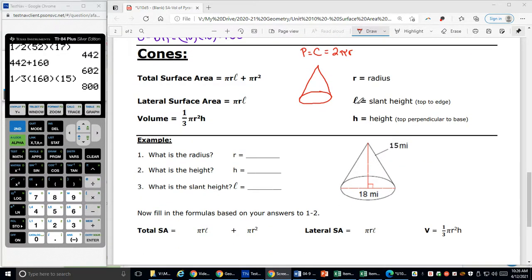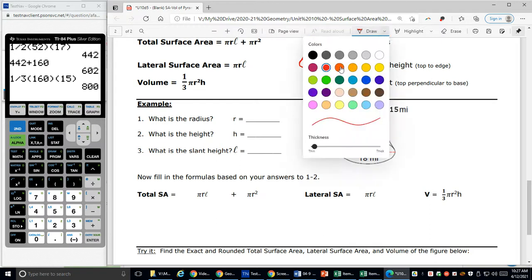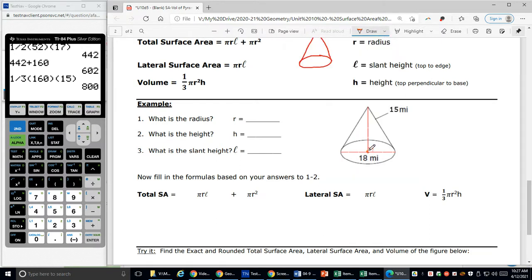We are still going to be using that cursive lowercase l as our slant height and our h as our height, dropping straight down from the center. So when you look at a cone, the three questions you have to ask yourself are, what is the radius? When I look at this picture, hopefully I can easily see that my radius is 1/2 of the diameter.